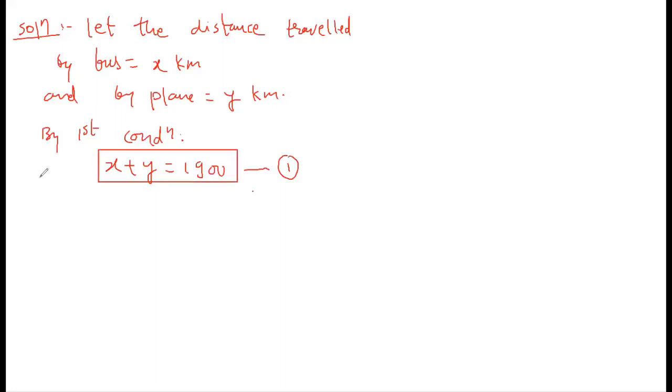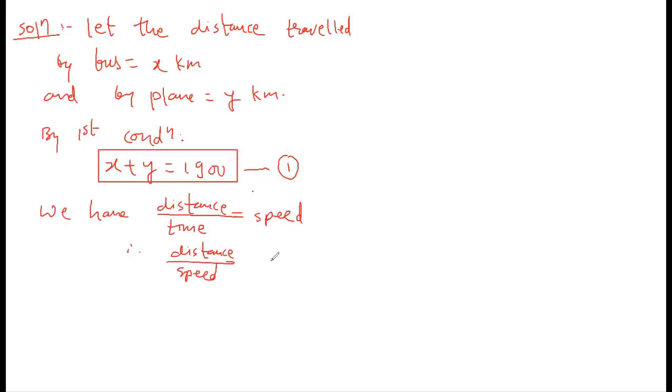Now we have one formula: distance upon time equals speed. We can also write this as distance upon speed equals time. Using this formula, we are going to create another equation.